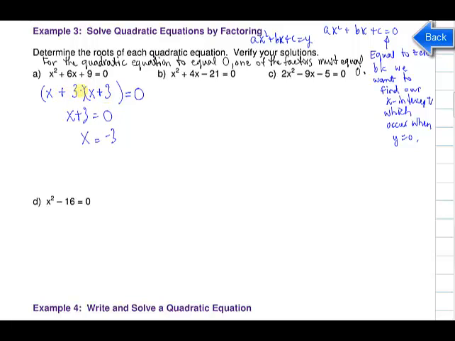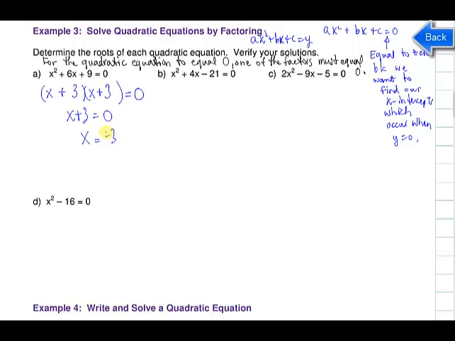All right. Okay, now with this one here, notice we have one solution. Think back to our graph. When you had one solution, it meant you had one x-intercept. Okay, so when you have two equal roots here, or two equal factors, what it means is we have two equal roots. I know it sounds kind of funny, but that's the way we would say it. And when you have two equal roots, you have only one x-intercept, or one solution.